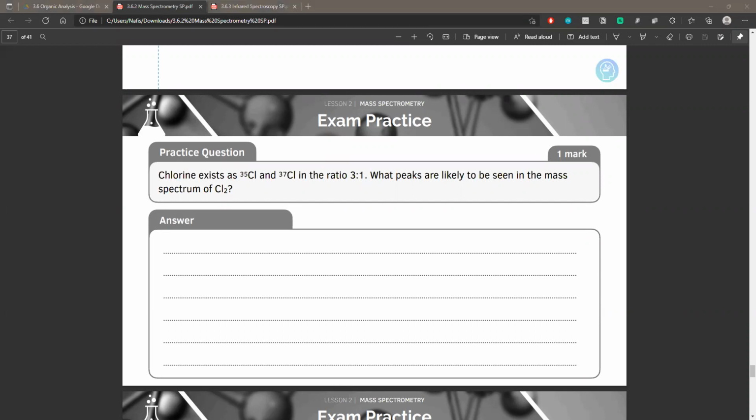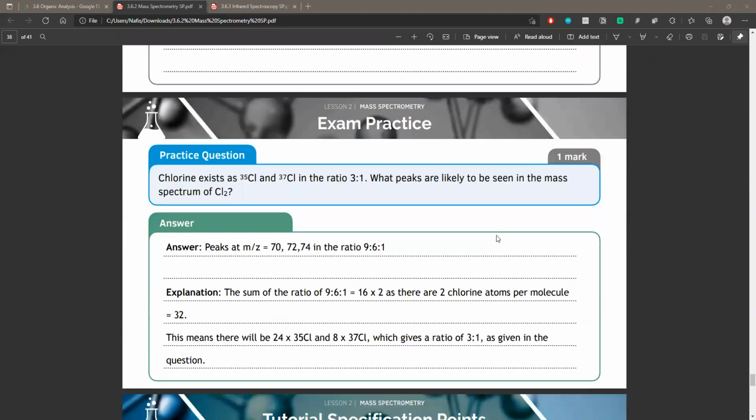Anyone want to have a go at what peaks they'd expect to see? Just put it through the chat. Cool. If there's no one to say anything, we'll go through the answers anyway.